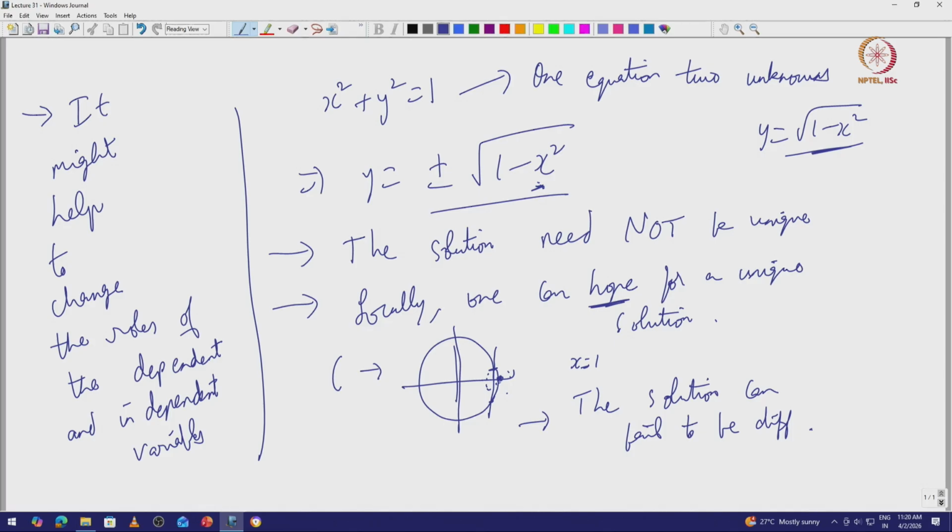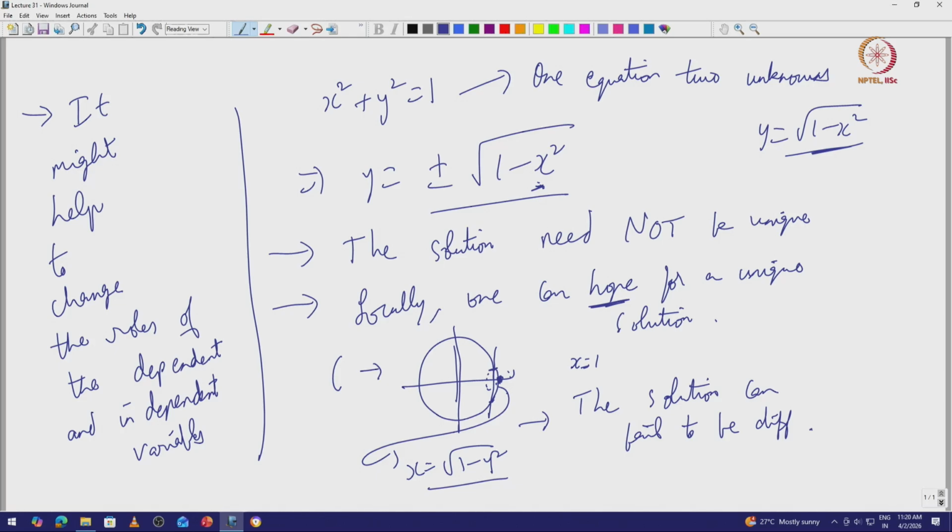Near this point, you can obviously not solve for y in terms of x because there is no unique solution. It won't behave well, it is not differentiable and so on. But near this point, you can solve for x in terms of y. You can still write x as square root of 1 minus y square, and this is perfectly fine. It behaves perfectly well near this point. So if you just give me some arbitrary equation, it's not always clear what the independent variables are and what the dependent variables are, even locally. That's what this example illustrates.